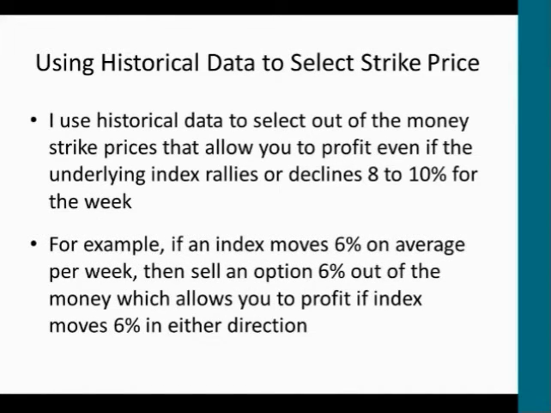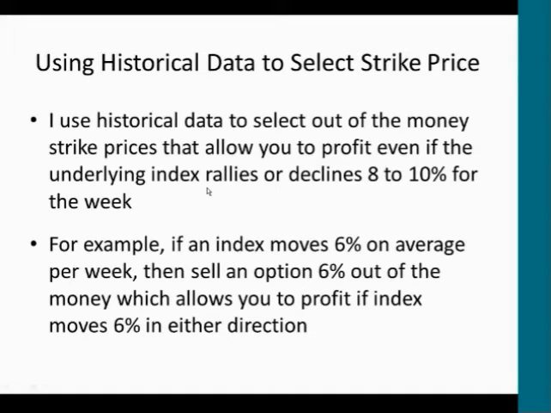So what I do is I use historical data to select these out of the money strike prices, and that allows me to profit even if the underlying index rallies 8 or 10% or declines 8 or 10% for the week. So even if you have an 8 to 10% move, you can still profit if you're selling out of the money options.